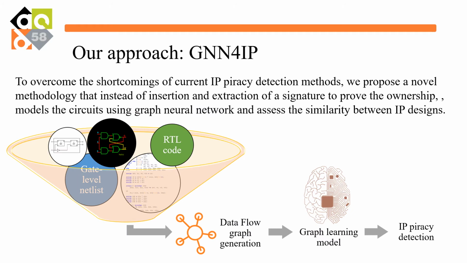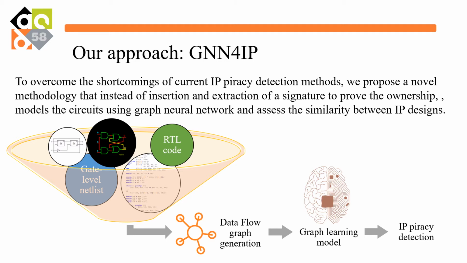To overcome the shortcomings of current IP piracy detection methods, we propose a novel approach that, instead of insertion and extraction of a signature to prove ownership, models the circuits using a graph neural network and assesses the similarity between the IP designs. Modeling the hardware design is challenging because it is a non-Euclidean type of data.